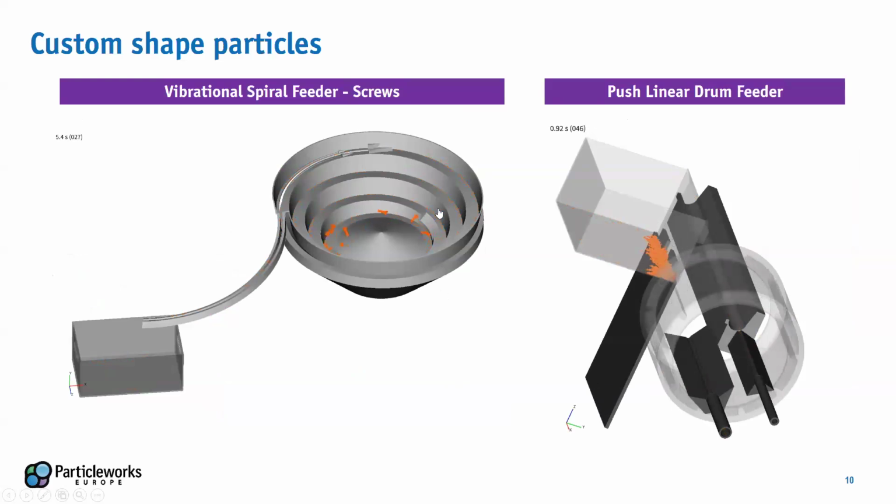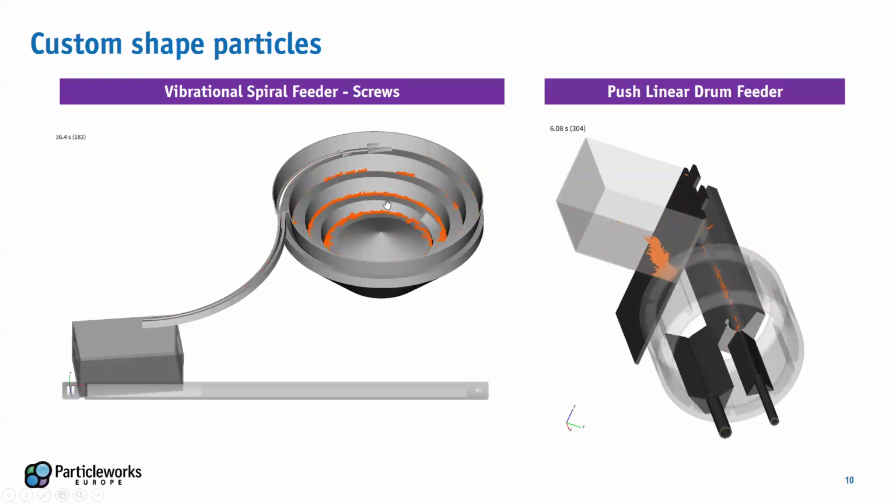And here is another example for screw separation and movements. So we have a vibrational spiral feeder here on the left that selects and orients the screws in order to stack them correctly.